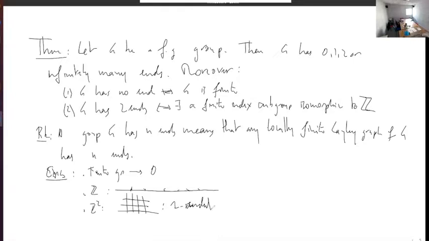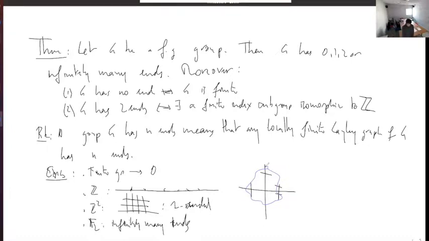And if you take any free group, for example the free group on 2 generators, then you have infinitely many ends, because you have a tree, and each time you cut very far away, you increase the number of connected components, because it goes infinitely far.